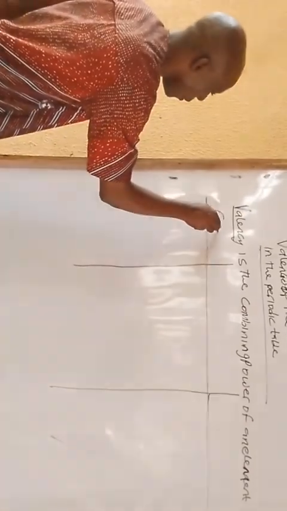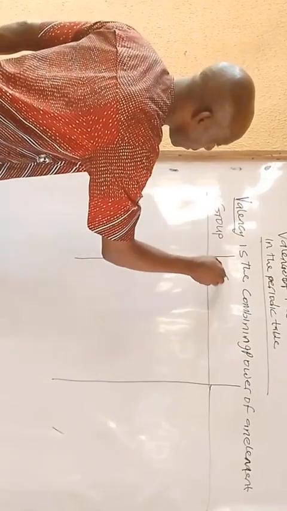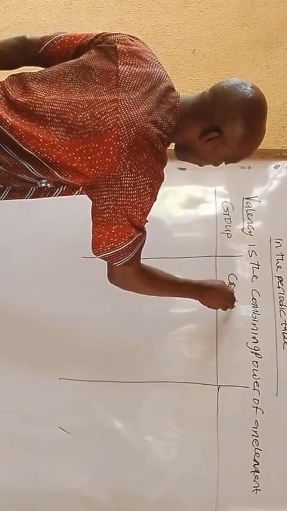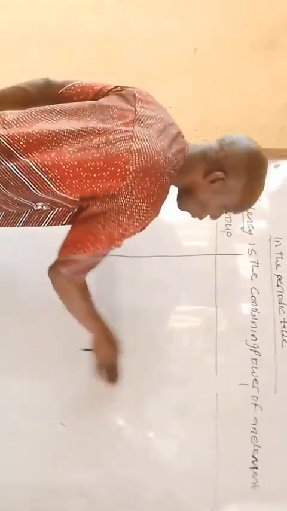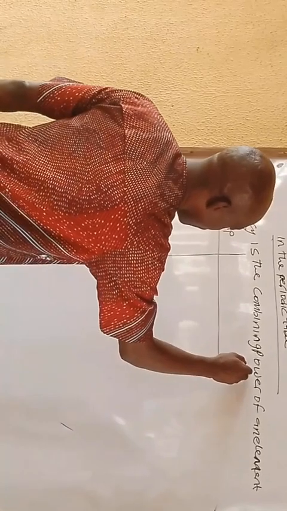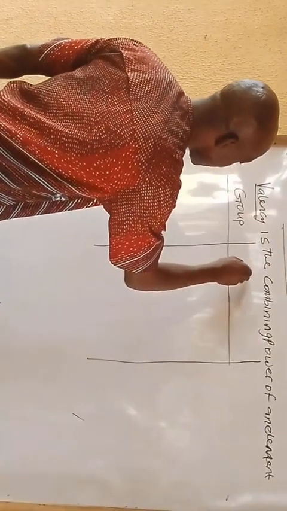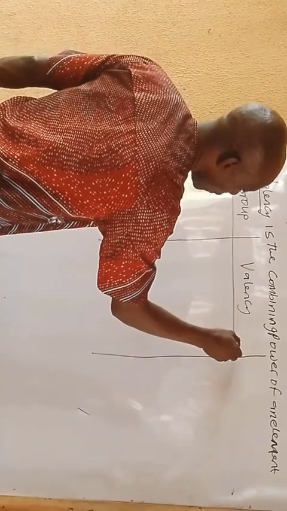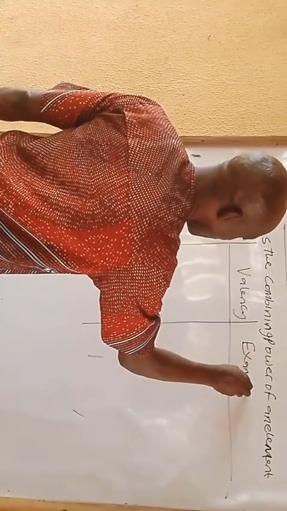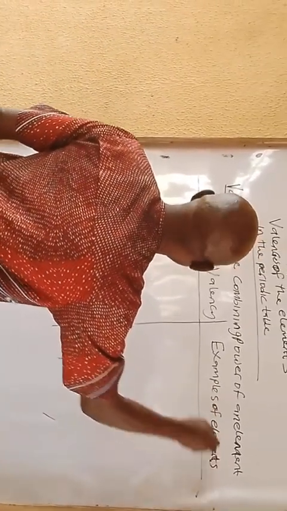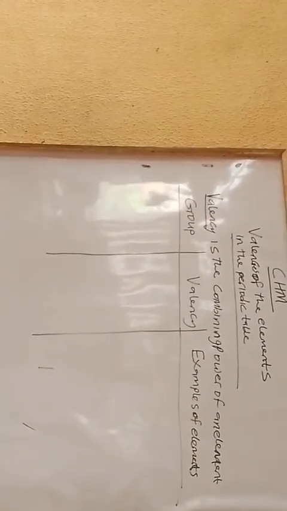Group, combining power, valency, examples of elements. This is the best way to easily master the valency.